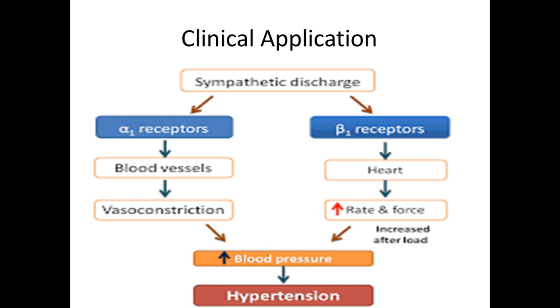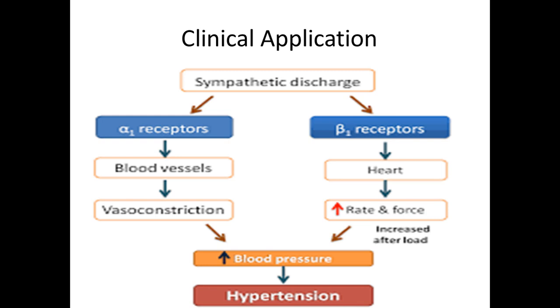Now clinical application. In case of hypertension, if beta 1 receptors bind adrenaline and noradrenaline in the heart, they increase the rate and force of the contraction of the heart and increase the blood pressure. So there is an occurrence of hypertension. If alpha 1 receptor, blood vessel vasoconstriction increases the blood pressure.